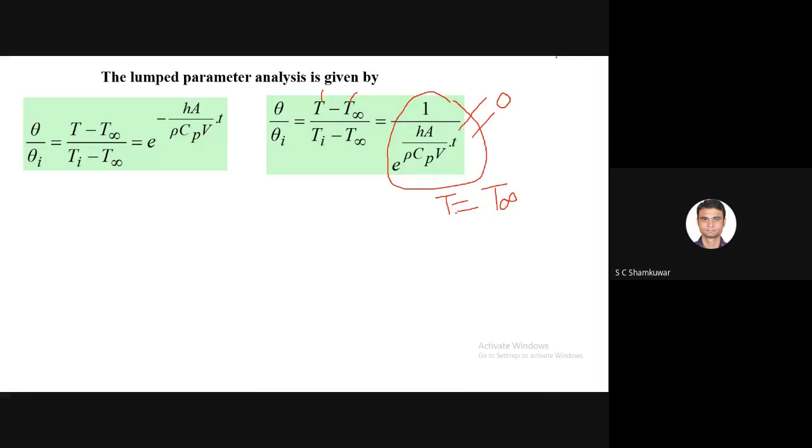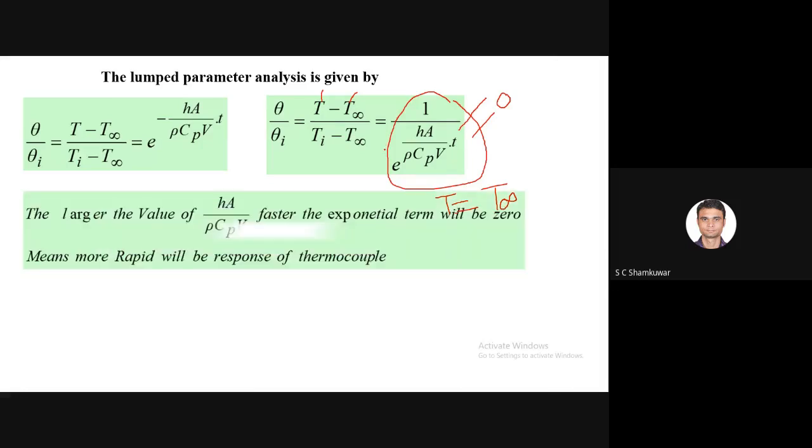What we have found out is that the larger the value of HA divided by rho CpV, the faster the exponential term will be zero.